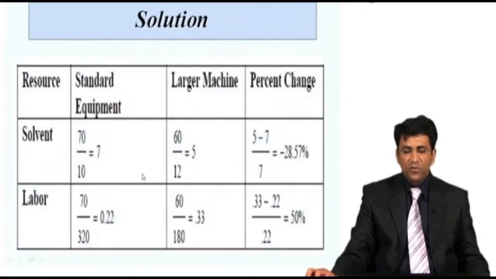So our new productivity for solvent with the usage of that larger machine is 60 over 12. This will be equal to 5, and this is not actually the improvement, but the decrease in productivity. So it means that if you use the larger machine, the productivity actually decreased by 28.57%. So there is a negative sign here.